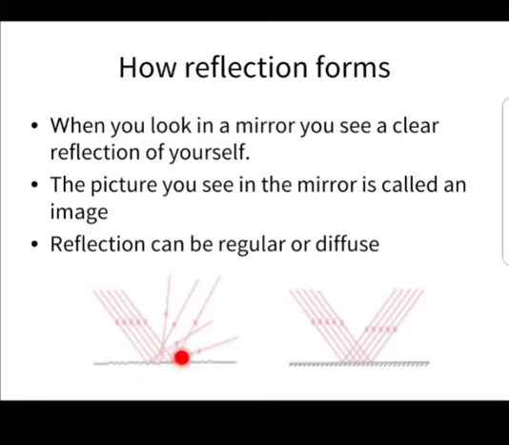And a diffuse reflection occurs when the light strikes a rough surface. In the mirror we have a smooth surface, but when light strikes a rough surface, the light rays that are parallel are not going to be parallel anymore after reflection, but they are diffuse, so they have different directions.